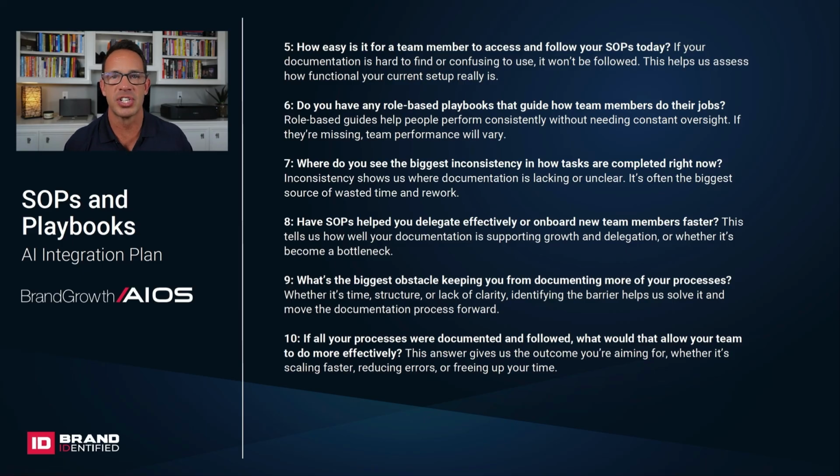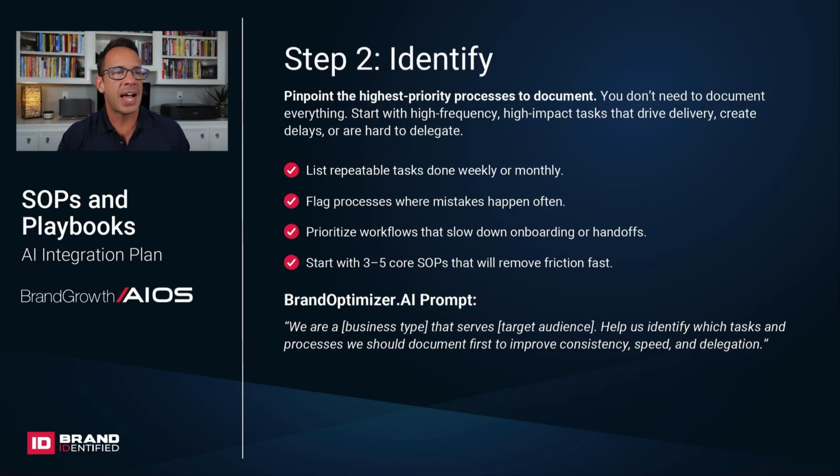And then finally, question number 10 here is, if all of your processes were documented and followed, what would that allow your team to do more effectively? This answer gives us the outcome that you're aiming for, whether it's scaling faster, reducing errors, or freeing up your time.